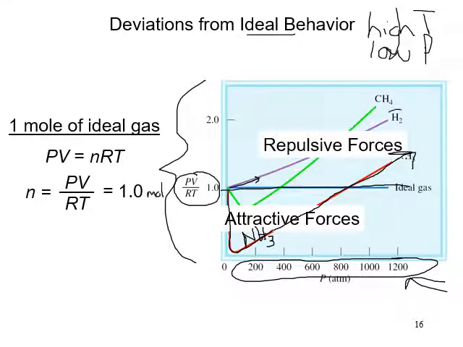That's hydrogen gas, by the way. Hydrogen does not like to be compressed, because it has no attraction for each other, and you can't even force it to. Whereas methane doesn't have much of an attraction, but if you put it under pressure, it'll attract a little bit, and ammonia will attract even more. But either way, if you keep on putting them under pressure, they will eventually repel each other.